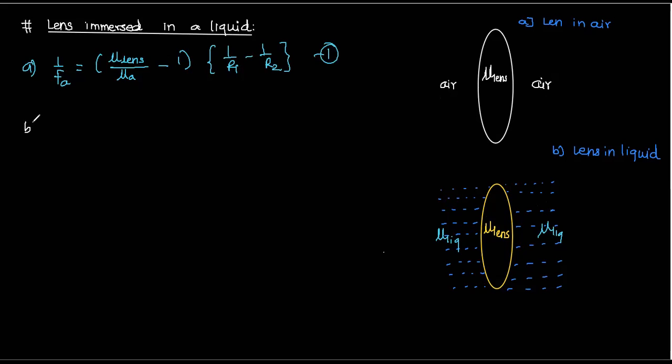Next, for case B, when it is immersed in a liquid, what do you get? 1 by FL is equal to mu lens divided by mu of liquid, minus 1, into 1 by R1 minus 1 by R2. Call this equation number 2.